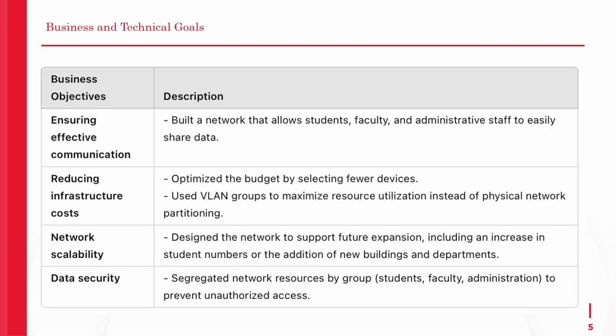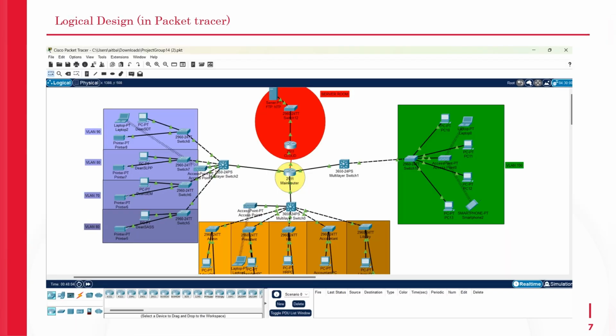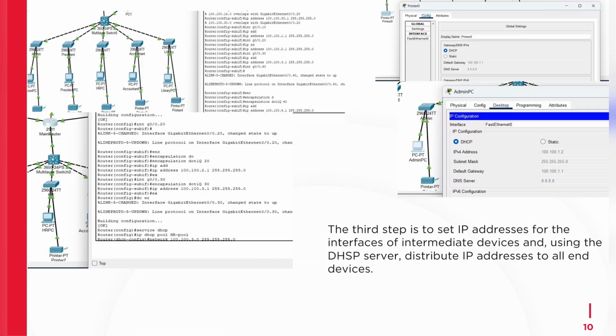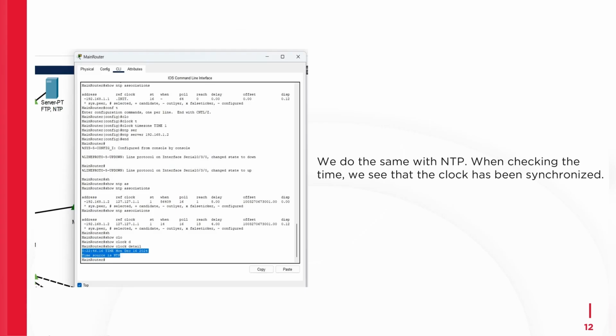We can see all business and technical goals in a table. We gave all the information, and then the engineer will tell you the details, along with the taken terminals and our Packet Tracers.